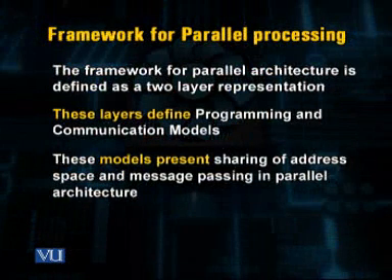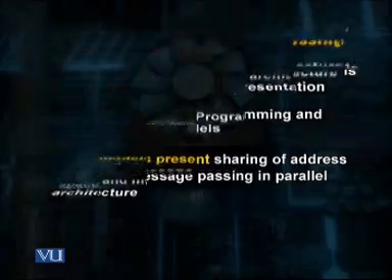A framework for parallel architecture can be defined as a two-layer representation where these layers define programming and communication models. These models present sharing of address space and message passing in parallel architecture.